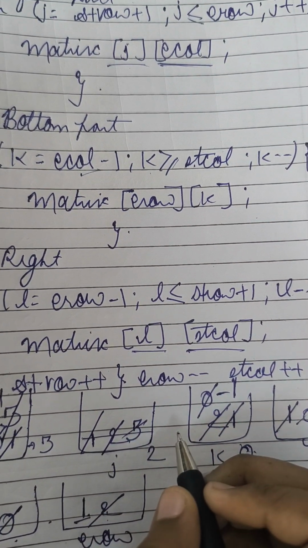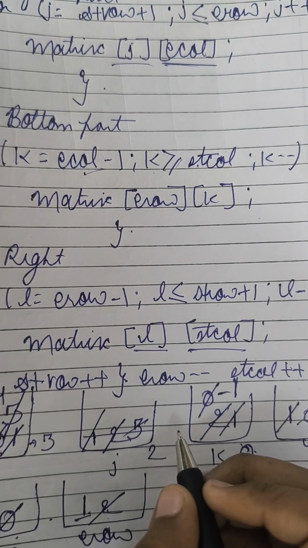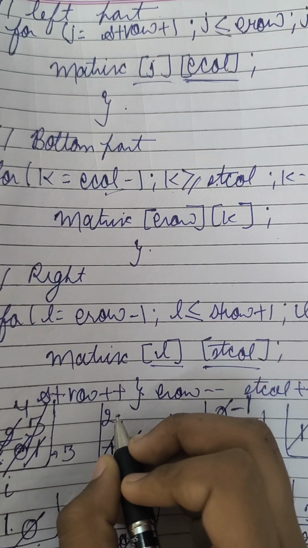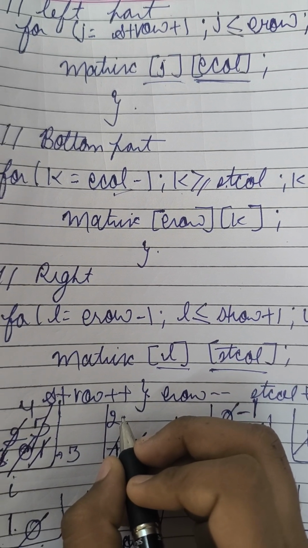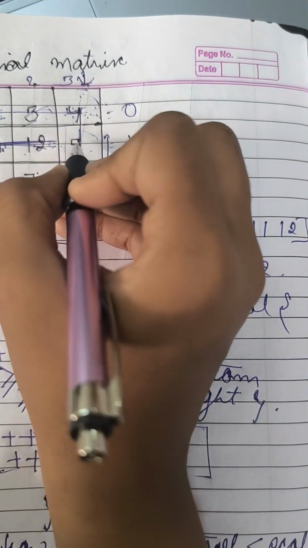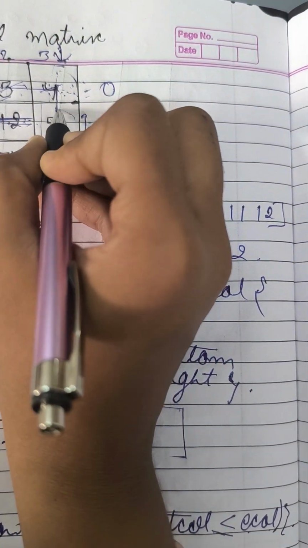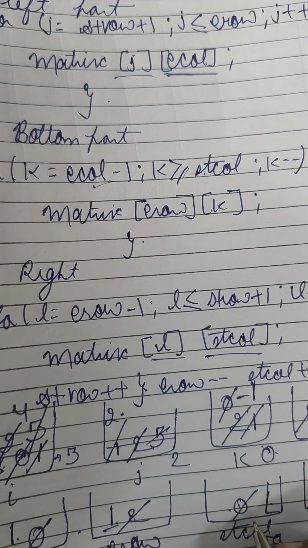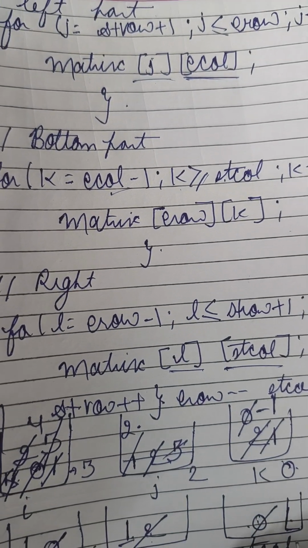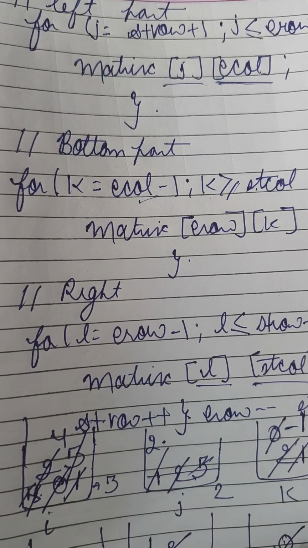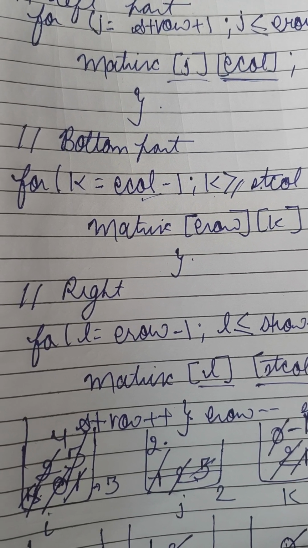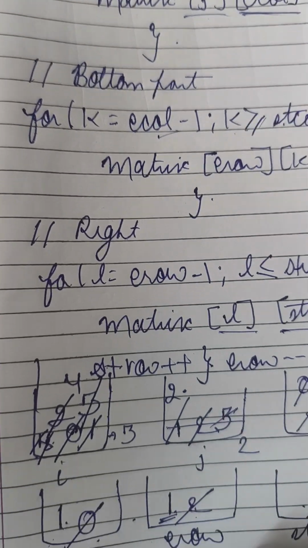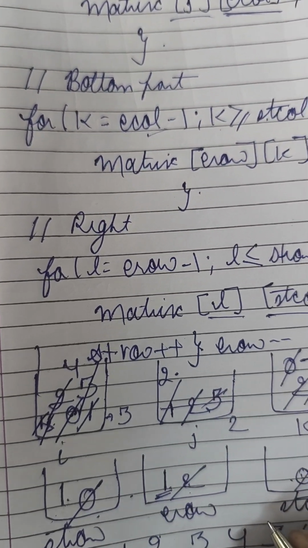And this all has got cancelled. In the jth part, it's starting row plus 1. Starting row is currently 1, so starting row plus 1 becomes 2. And it is very true that here also we didn't want to repeat the same element, so we did starting row plus 1, and we are going to compare it with the ending row, right? When we compare it with the ending row, the ending row over here is 1, which does not fulfill the condition. So nothing is going to be printed in the left part.